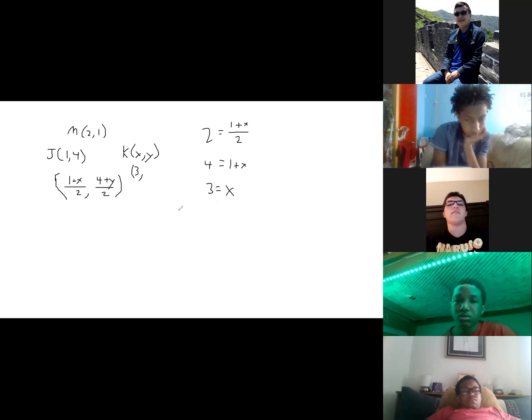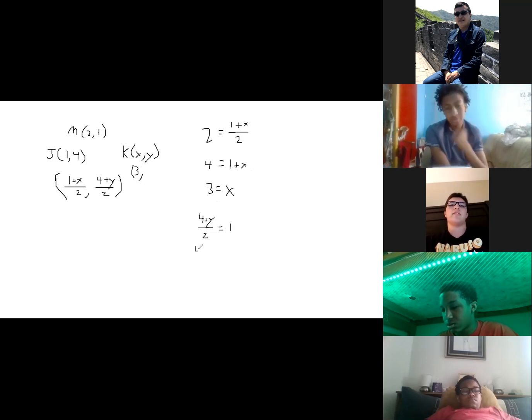Then when you solve for Y, you do 4 plus Y over 2 equals 1. Multiply both sides by 2: 4 plus Y equals 2. So Y equals -2. So K must be at 3, comma, -2.